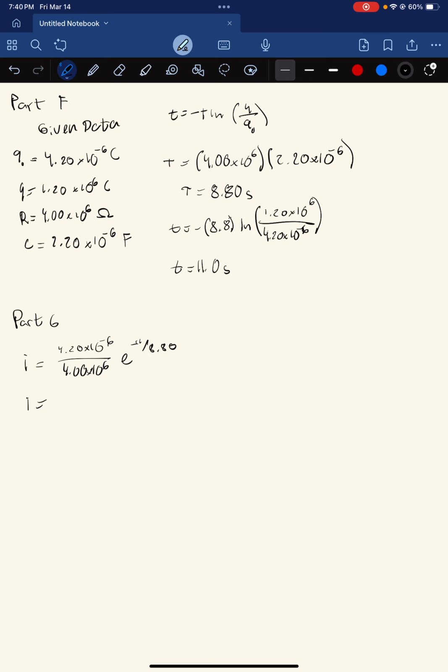Alright, and I got 3.0083 times 10 to the negative 13. Perfect.